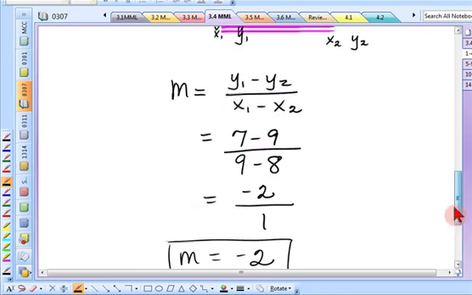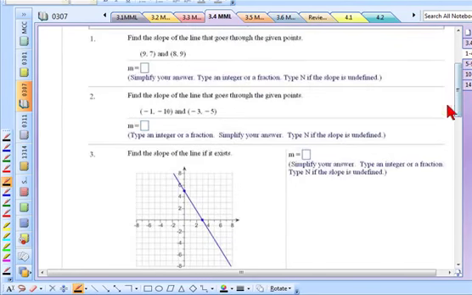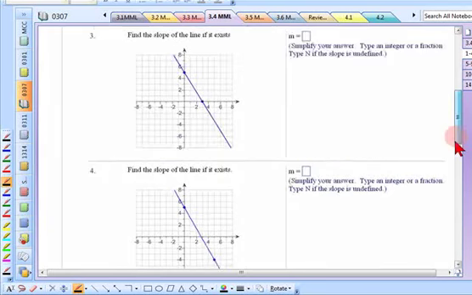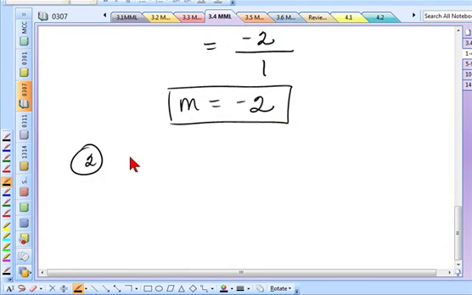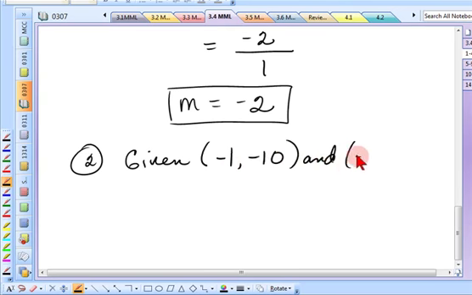Find the slope of the line that goes through the given points. So this one is a repeat of that process. And you are given -1, -10, and -3, -5.